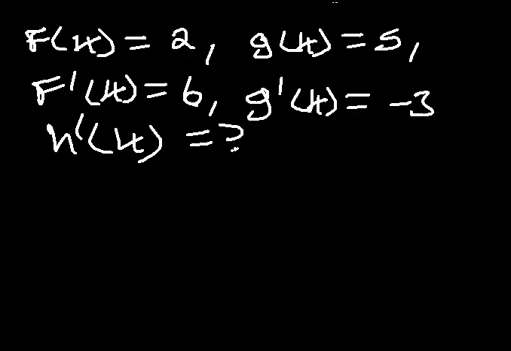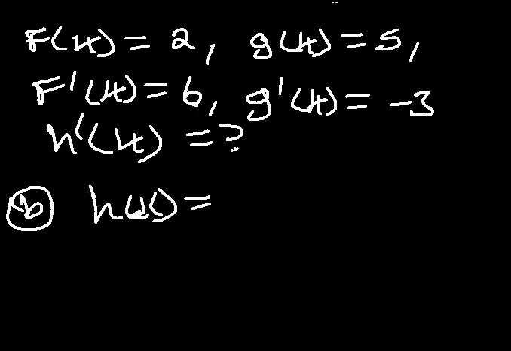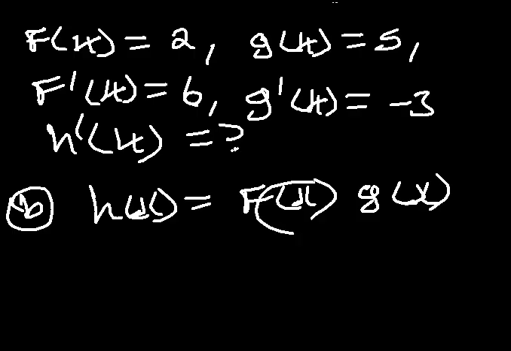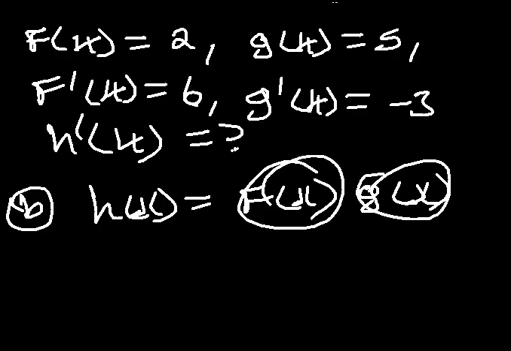Let's say the question part B, we have h of x being given as f of x times g of x. So how should we have this? In this case, we're going to use the product rule, of which this will be given as u, and this will be given as v.